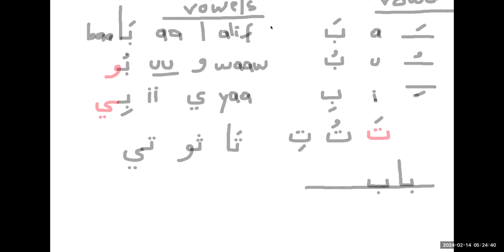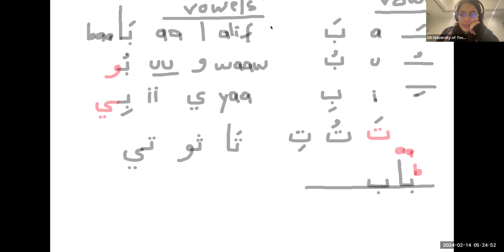Baab. Exactly, baab. Very good. So I have a ba, and then a double a, and then I have a ba again. So I'm going to read it as baab. Perfect. Let's take another one.